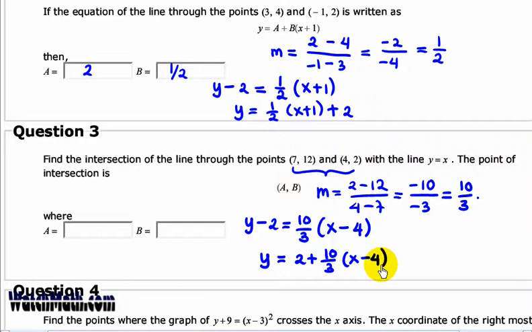Okay. Now we want to find the intersection between this line and the line y equals x. They intersect when their y coordinates are equal. So they intersect when 2 plus 10 over 3 (x minus 4) is equal to x.